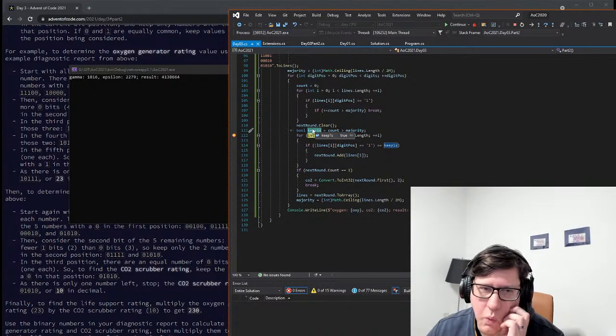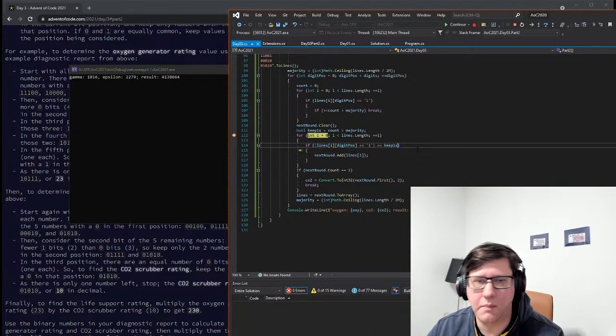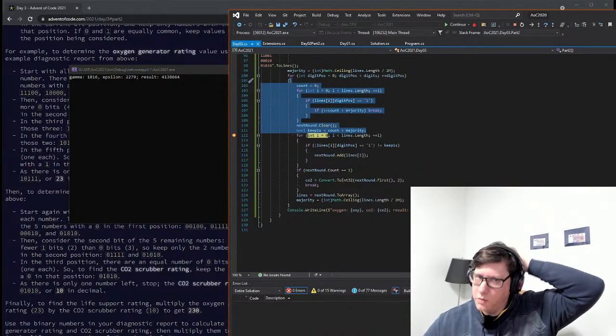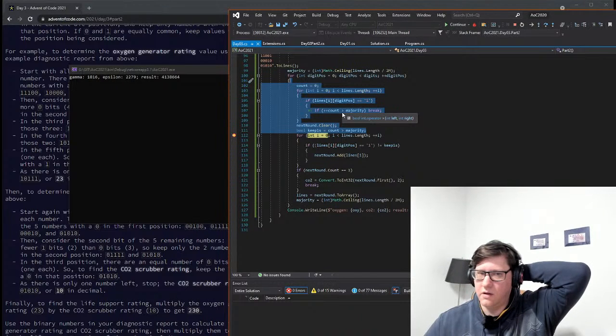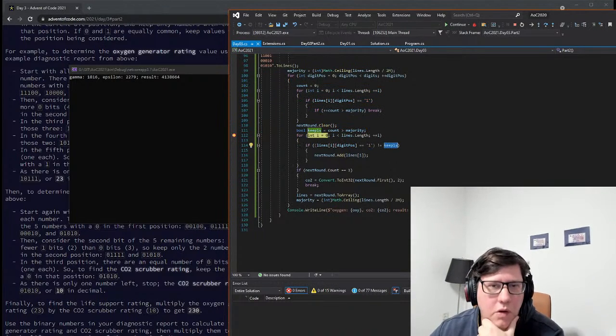We want to keep the ones. No, but we want to do the opposite, right? Oh yeah, so then you do the opposite of it. So this still determines, based on the new rules, where the equality goes the other way, if you want to keep the ones. So then we do the opposite here, because we don't want to keep the ones.